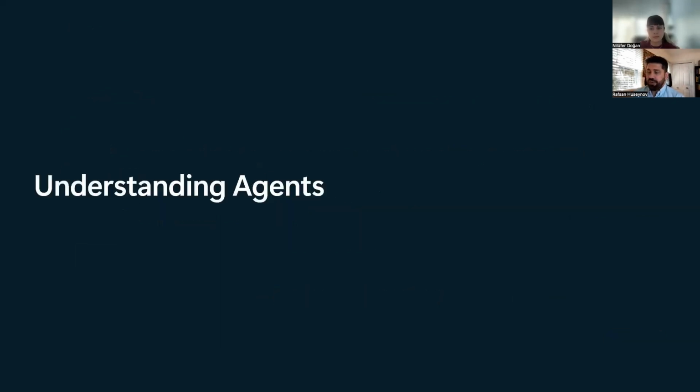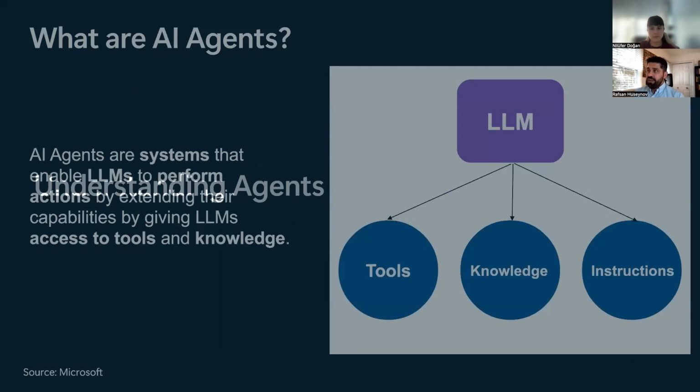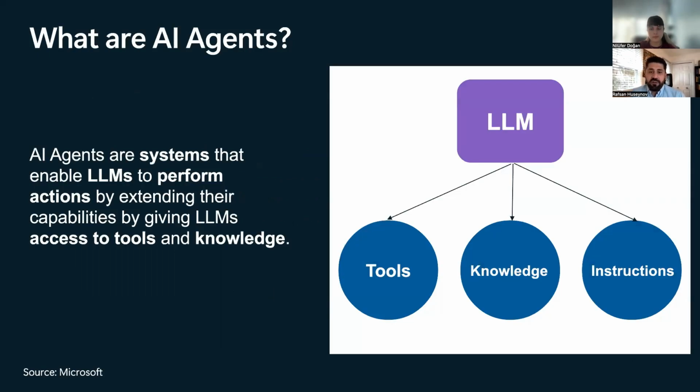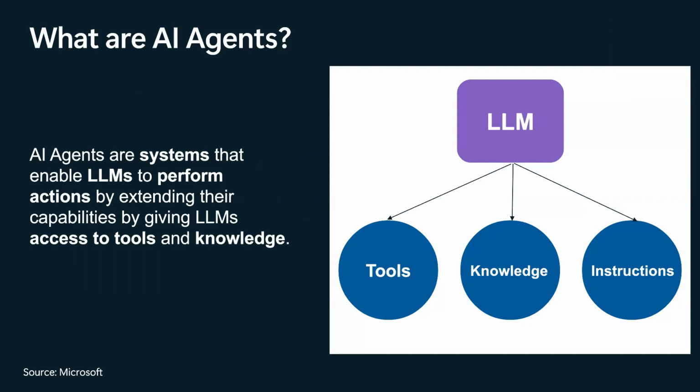So let's first understand agents, because you hear a lot. AI agents are basically software applications. Instead of using hard-coded logic, they use large language models to think, act, plan, and so on. So if you look here, let's say you use ChatGPT, Copilot, or any Gen AI tool.